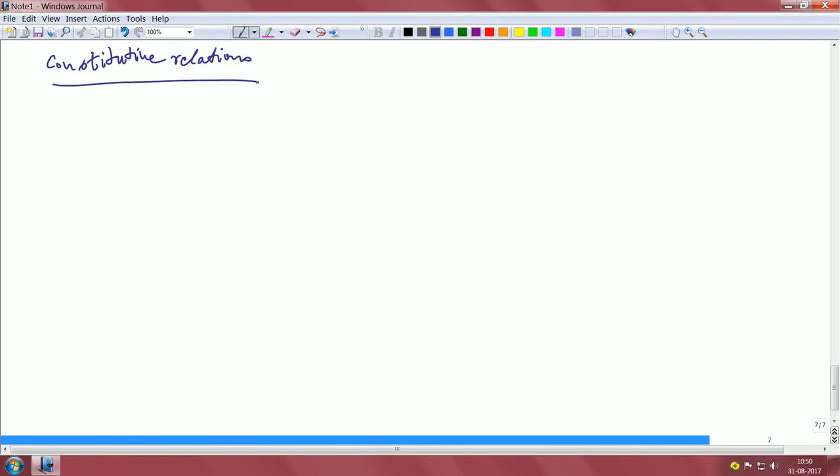So, the first constitutive relation is σx, that is the normal stress, given by minus the pressure minus 2μ ∂u/∂x plus 2/3 μ (∂u/∂x plus ∂v/∂y). Got it? That is the first term.